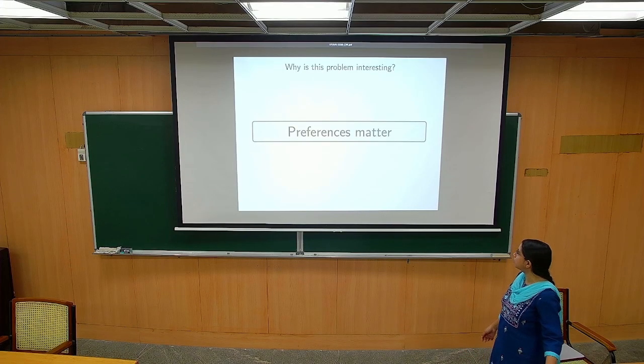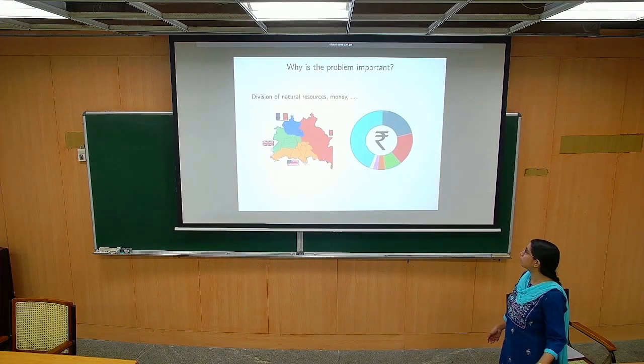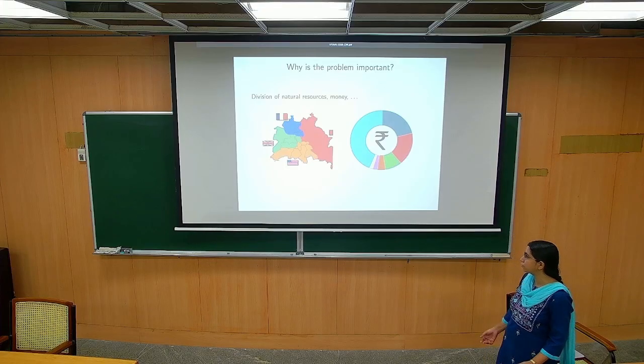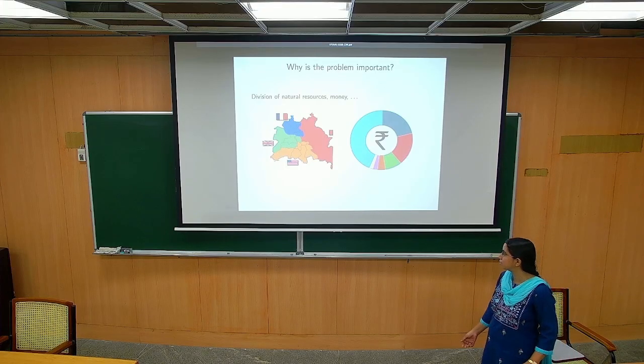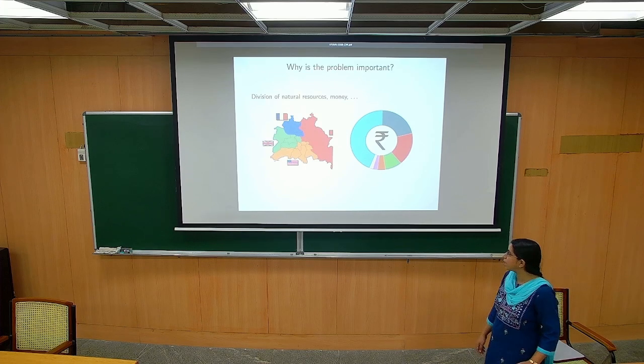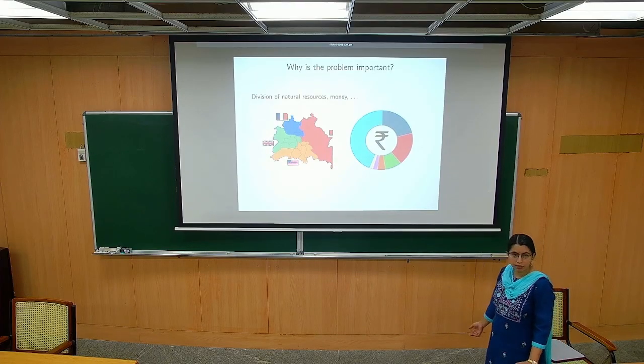So this problem becomes interesting because preferences matter and the preferences are all different. But then, is it really an important problem? As it turns out it is, and cake is just a metaphor. Actually, a lot of things need a fair division. For example, dividing natural resources like water or land among various countries, states. Similarly, division of money or budget.